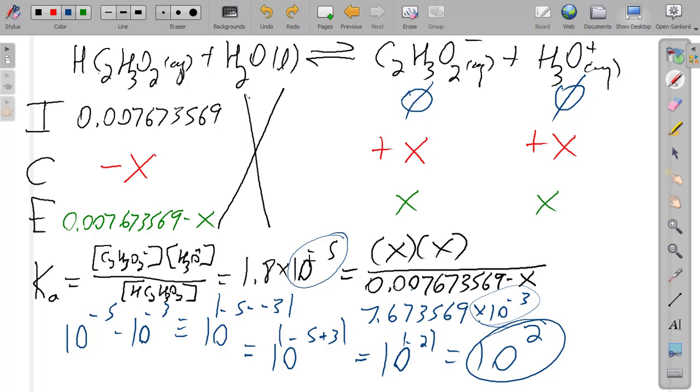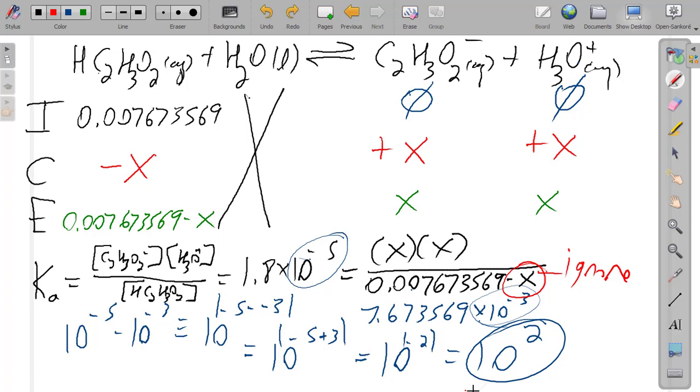And notice we have 10 to the minus fifth for the K and 10 to the minus third for the initial concentration. So if I set this up, 10 to the minus fifth minus 10 to the minus third, that's 10 to the minus 5 minus 3 minus a minus 3. But we take the absolute value, I end up overall just barely meeting the criteria if there's an absolute 10 to the 2 or greater difference between the initial concentration and the K value. That means we can ignore this.